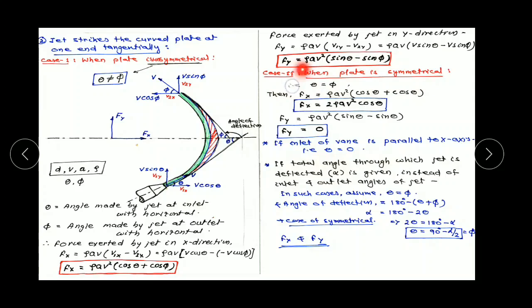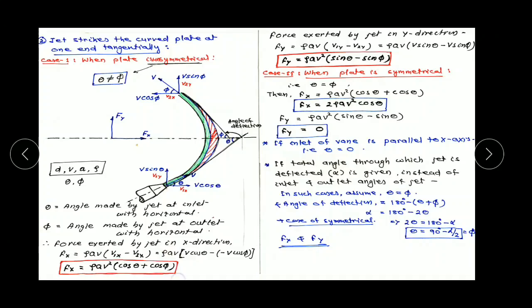Next, consider case 2, when the plate is symmetrical, that means theta equals phi. When we replace phi by theta, that will be the force required. Then Fx, the force exerted in the x direction, equals rho a v square into cos theta plus cos theta, because phi equals theta in this case.